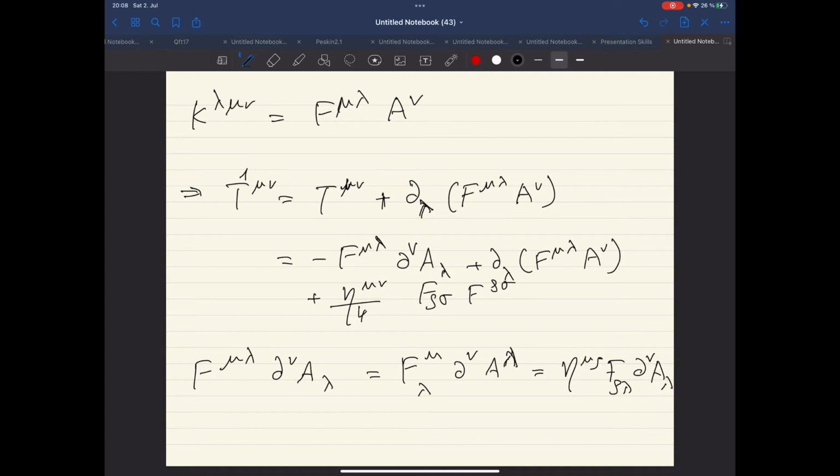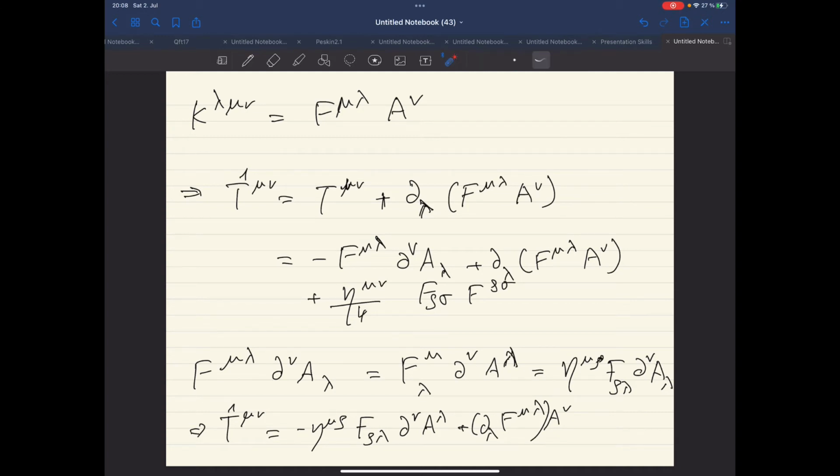If I want to lower the mu in this, I have to multiply by the Minkowski metric, and so I get, therefore, the energy stress tensor is equal to minus eta mu rho F rho lambda d nu A lambda plus d lambda F mu lambda A nu, where I differentiate now only the electromagnetic tensor.